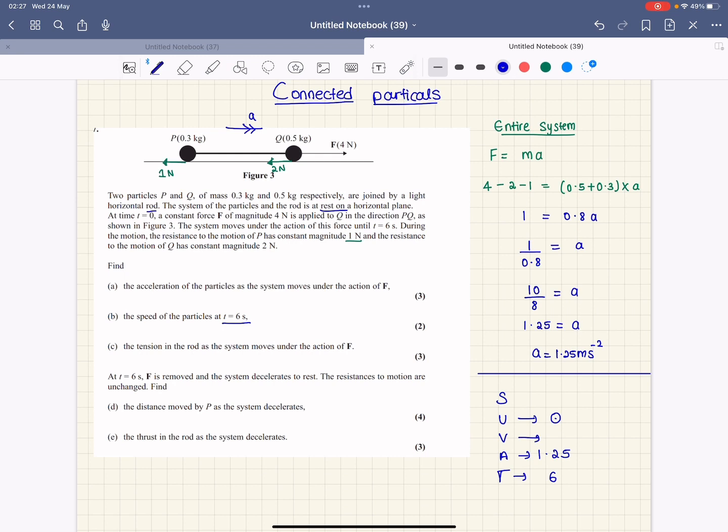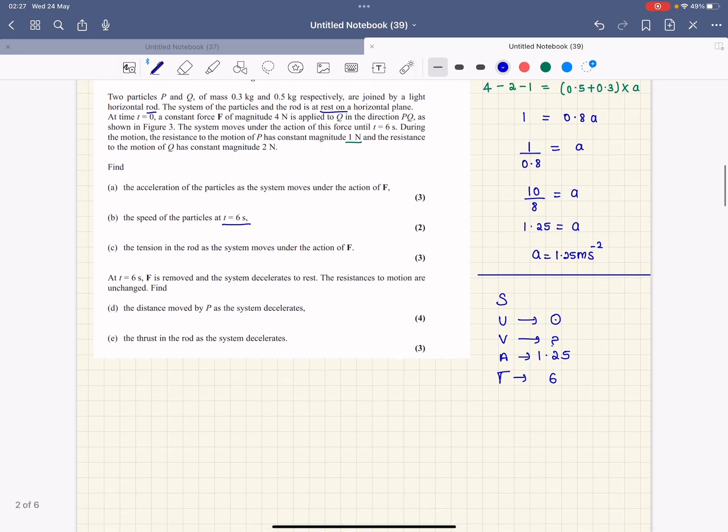All they're asking is the speed, the final velocity. So u, v, a, t. Out of the 5 formulas from SUVAT, I'm going to be using v is equal to u plus at. v is unknown, u is 0, a is 1.25, and t is 6. So v is 7.5 meters per second.